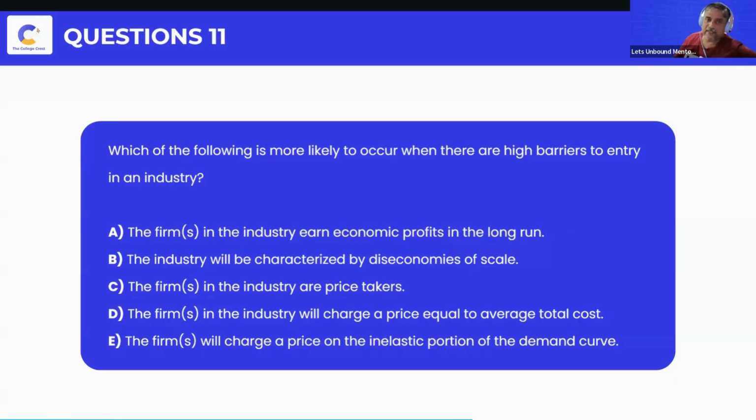So the correct answer again is A. As we can see, industry will be characterized by diseconomies. That is actually wrong. There will be economies of scale. Firms in the industry are price takers. Sorry, that is also not correct. So the correct option obviously is A, that firms in the industry will earn economic profits in the long run.